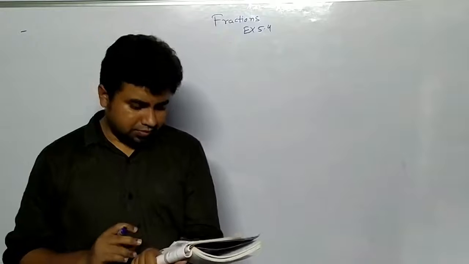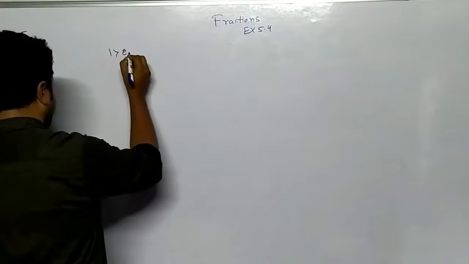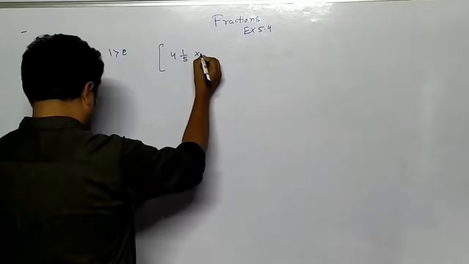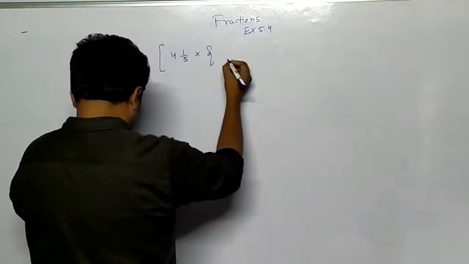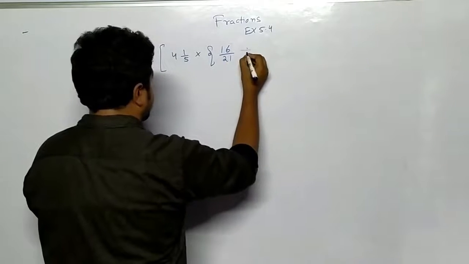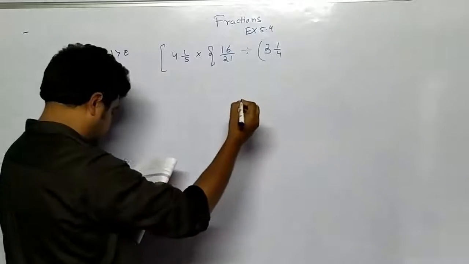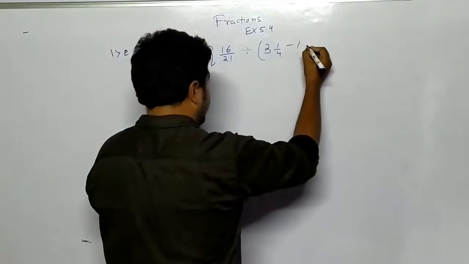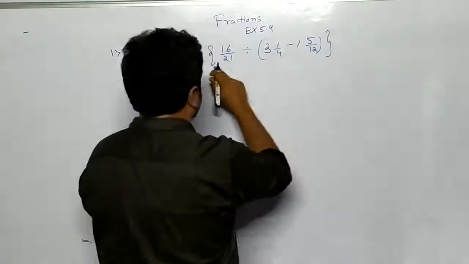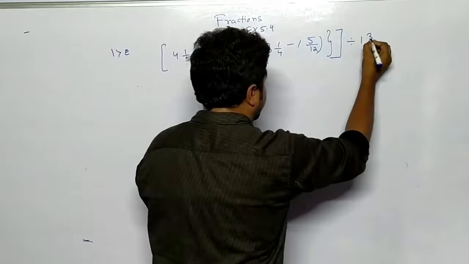Okay, now I am discussing question number 1e, and in this question you can see clearly: 4 1 by 5 into, braces is given, then 16 by 21, then again 3 1 by 4 minus 1 5 by 12, then this braces is closed, and then divided by 1 3 by 5.